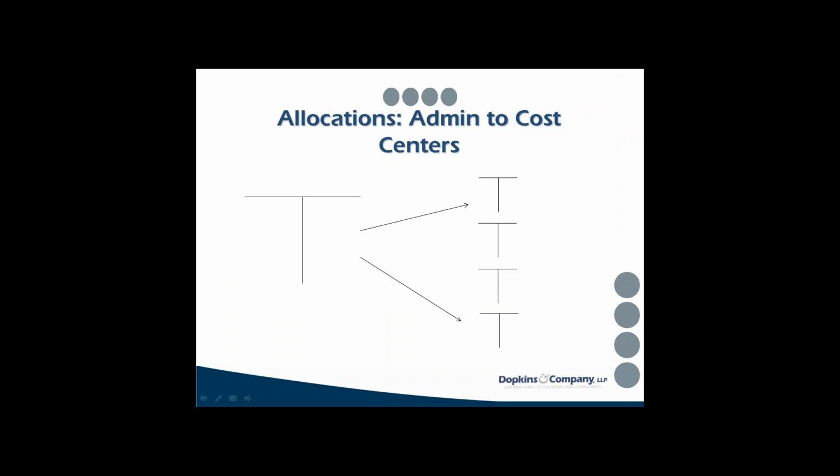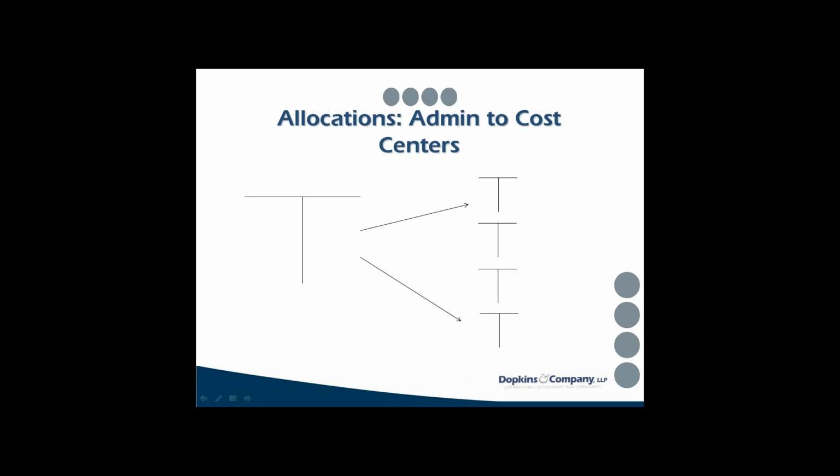If I'm going to do allocations, this is a very simple example of allocations. I mean, if allocations were this simple, we would all be thrilled to death, I'm sure. I take a T account, that's the big one on the left, and I charge it in pieces to other accounts. That's conceptually what an allocation is. Take admin, charge it to a bunch of cost centers.